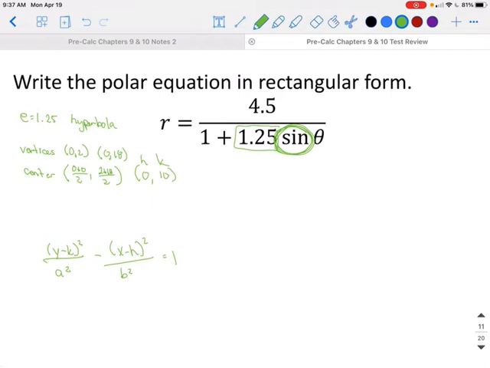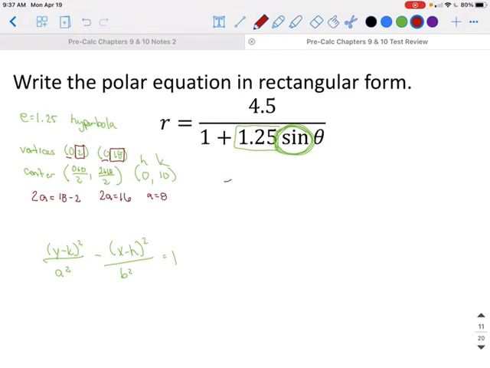Now, a is the distance between the vertices. So if we look at the vertices, the x values are staying the same, so those really aren't going to affect us, but we need to find the distance between the two y values. So we know the distance between the vertices is equal to 2a. So we can do the larger minus the smaller, or 2a is equal to 16, which means a is equal to 8.